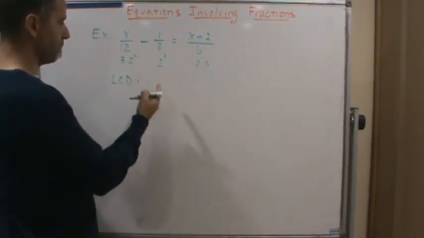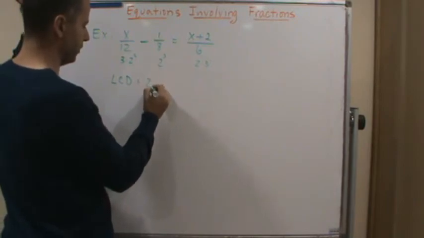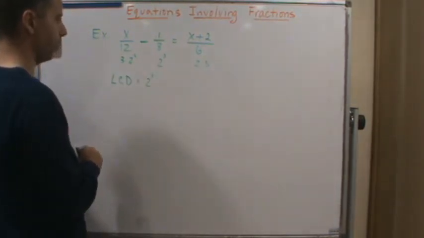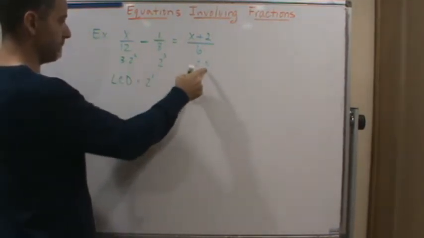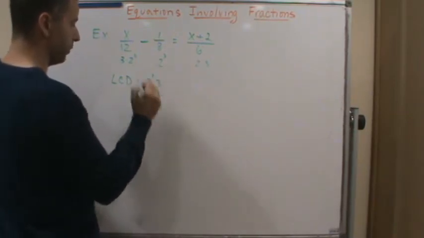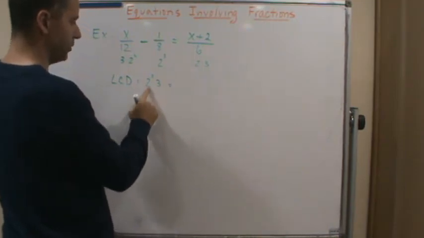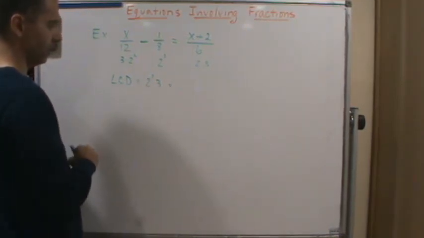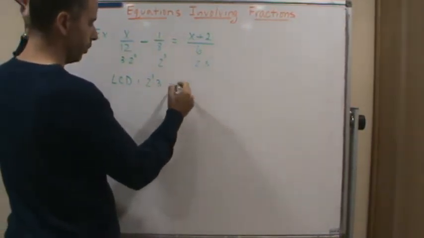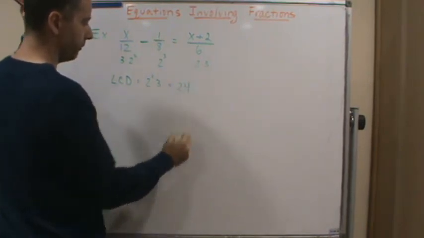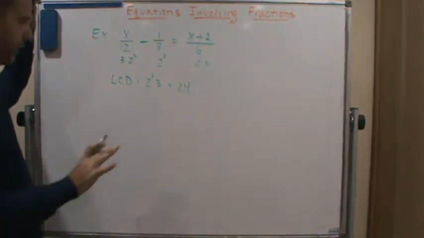So we start with 2. Well, 2 cubed is the largest one. What about 3? The largest power is just 1, so I'm just going to put 3 here. So that means our LCD is going to be 2 cubed times 3, which is 24. So hold that for a minute.